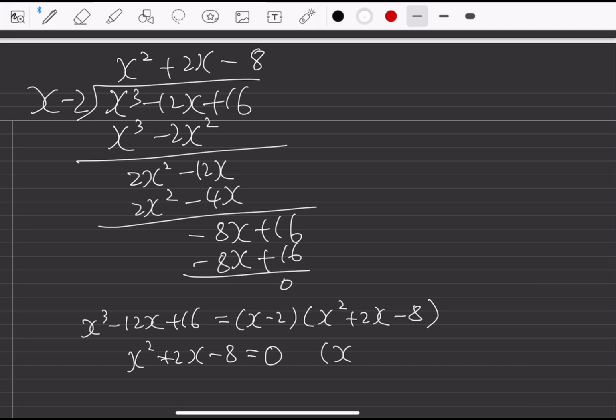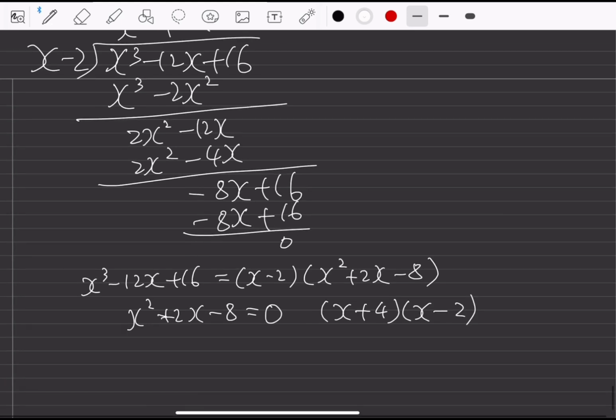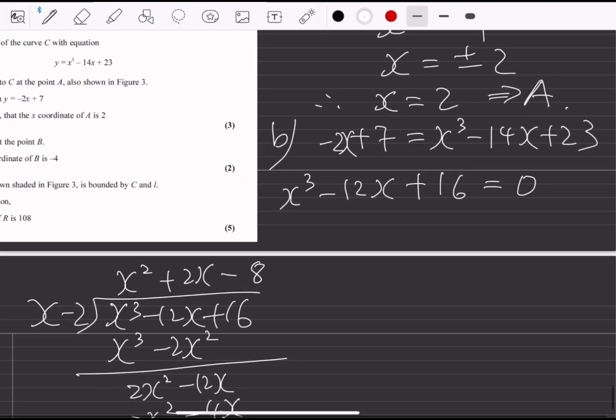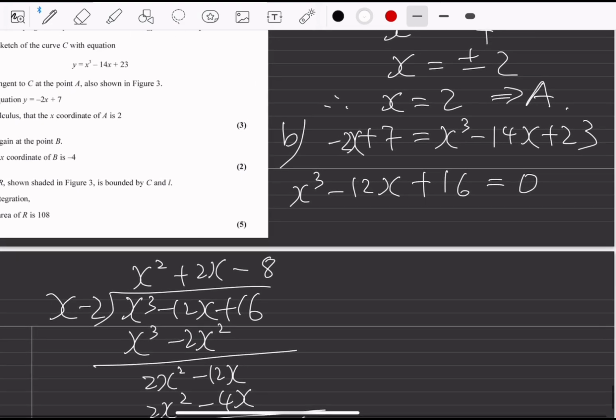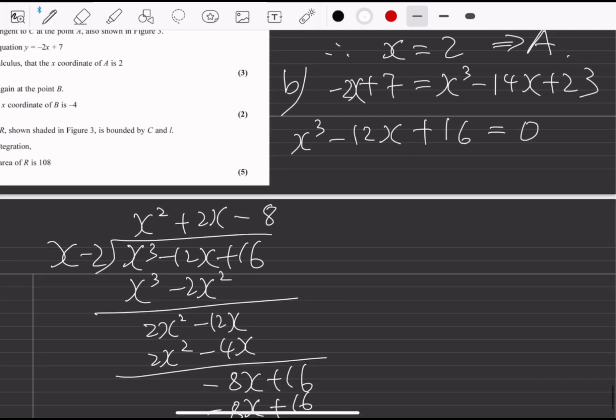We have x plus 4 and x minus 2. Okay, 2 is actually point A because it's a double root. And therefore, the point B will have x-coordinate minus 4.